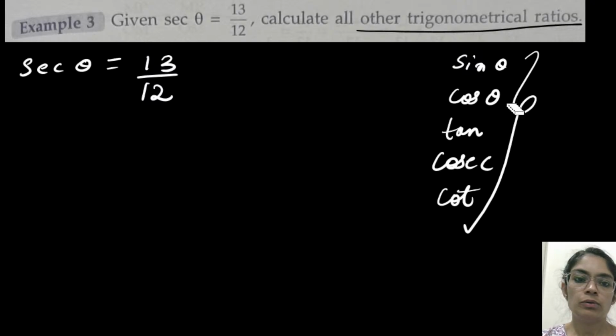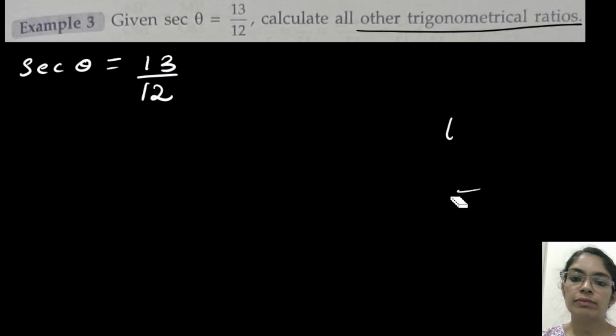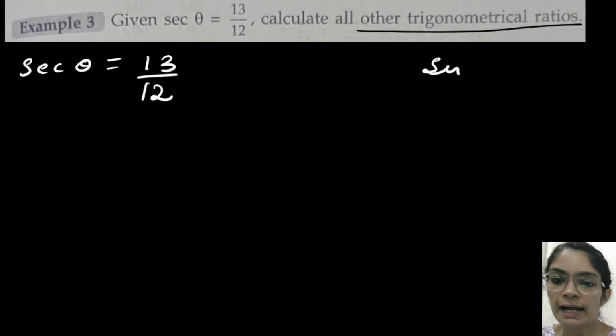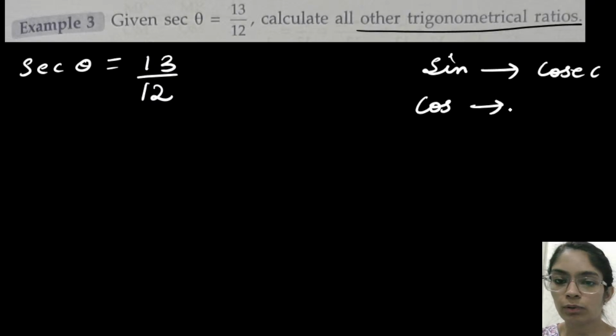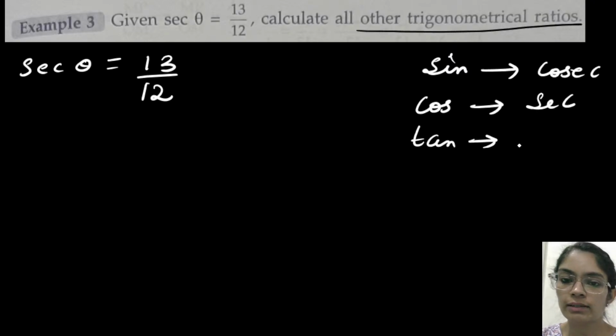So now how to do this one? Yesterday, in the previous class, I told you that sine's reciprocal is cosecant, the reciprocal of cos is secant, and the reciprocal of tan is cot.